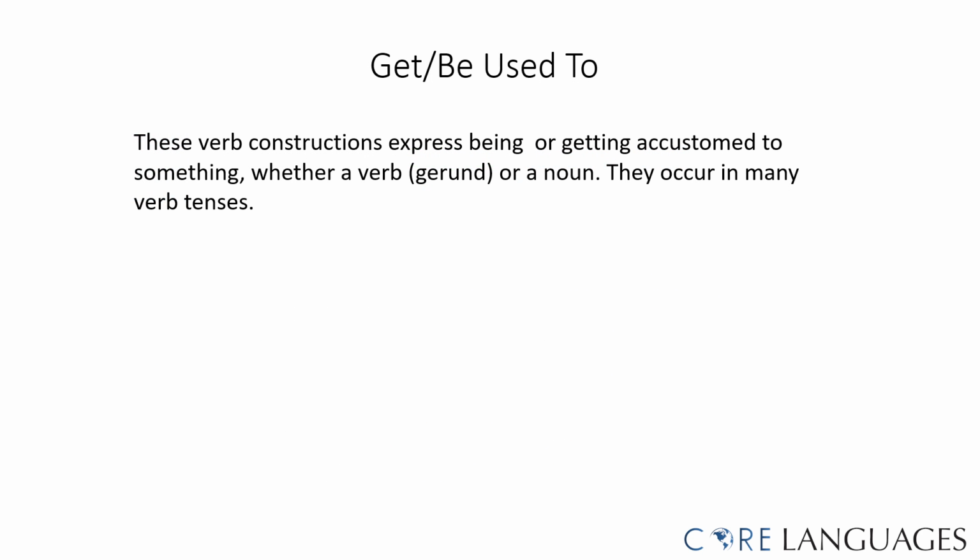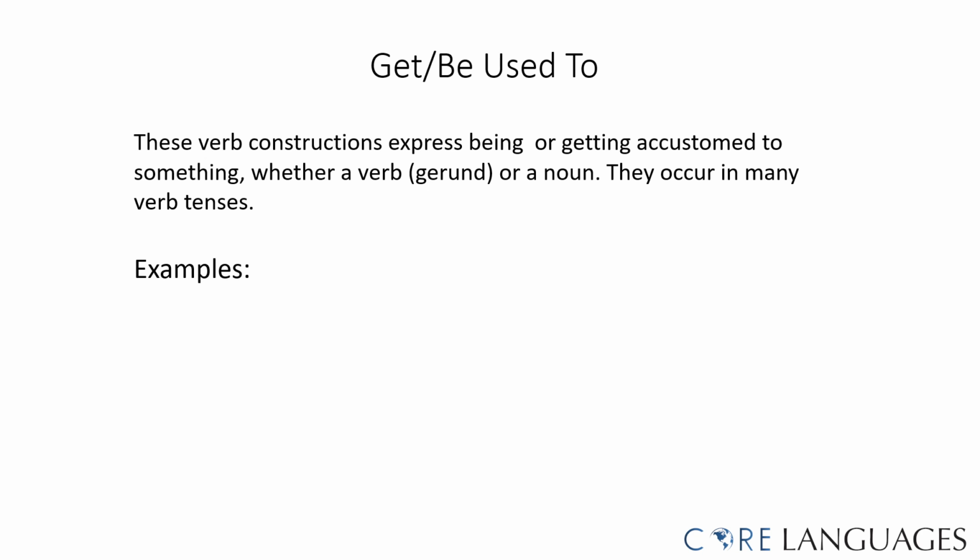The verb construction to get used to or to be used to is used to express being or getting accustomed to something. We can get accustomed to a verb or a noun. Being accustomed means to be familiar with something or to know how to do something.